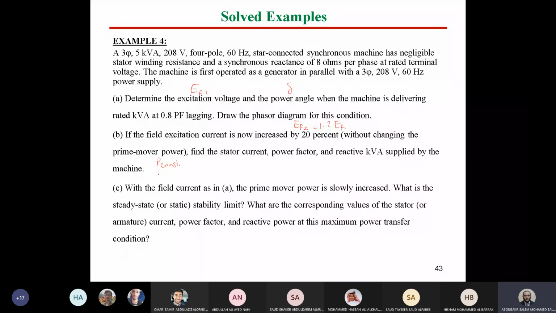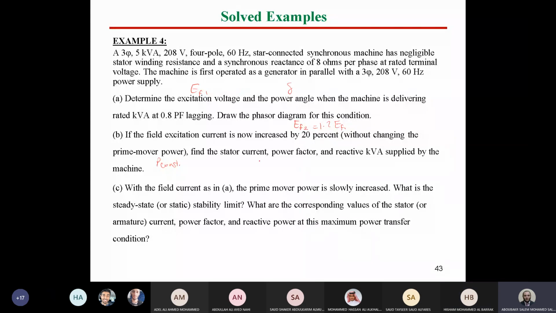How can we calculate the current and power factor by knowing EF, the excitation value? Who can solve with me? Yes, we find the armature current first, in case number 1.